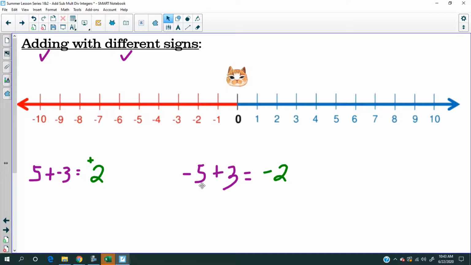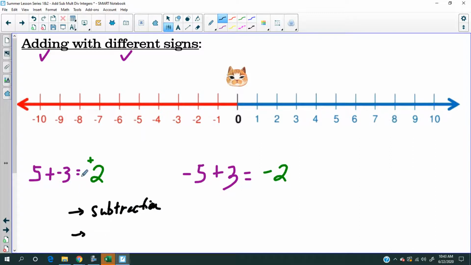And notice, this happens to be the same here too. Between 5 and 3, the answer is 2. So first of all, you need to know, hey, how do I get 2 as an answer between 5 and 3? That's right. It involves some element of subtraction. There's subtraction involved there. Okay?